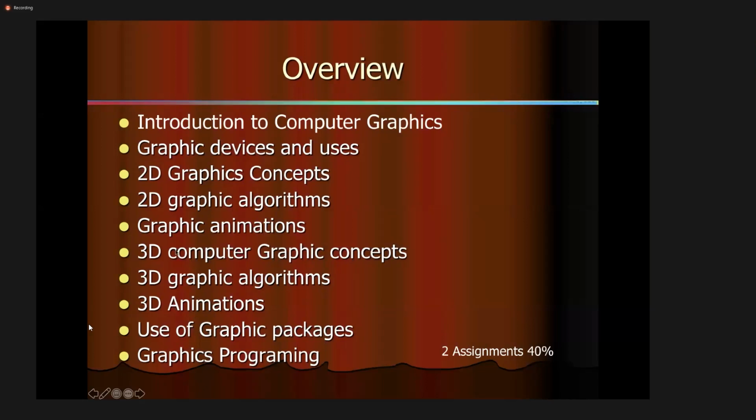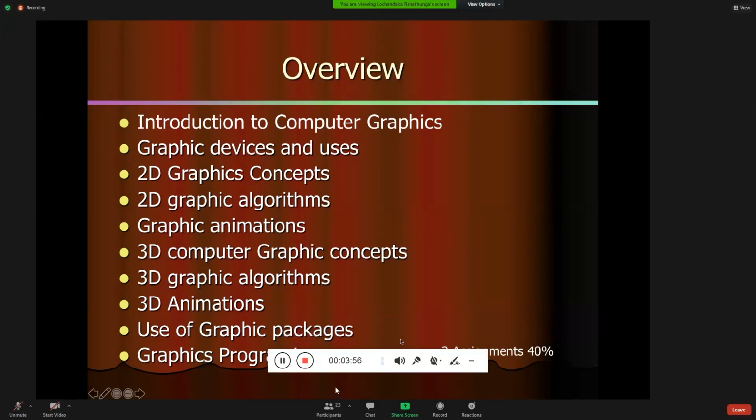Mostly we are going to cover 3D graphic representation, and a little bit of 3D graphic algorithms we are going to learn, but 3D animations we are going to discuss and do. And the use of graphical packages, mainly the 3D graphic packages, will be discussed here. And if we have some extra time, we will be able to do graphic programming.